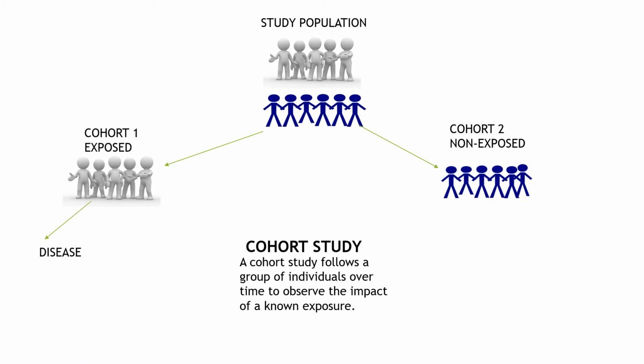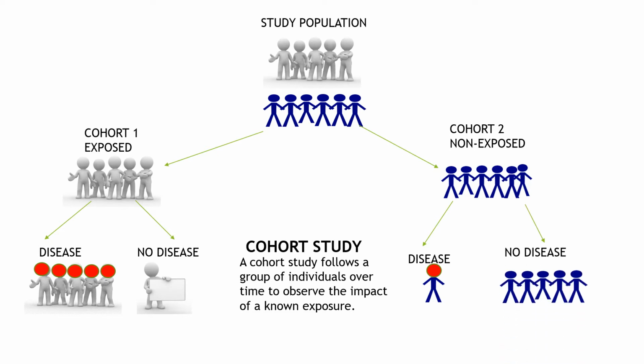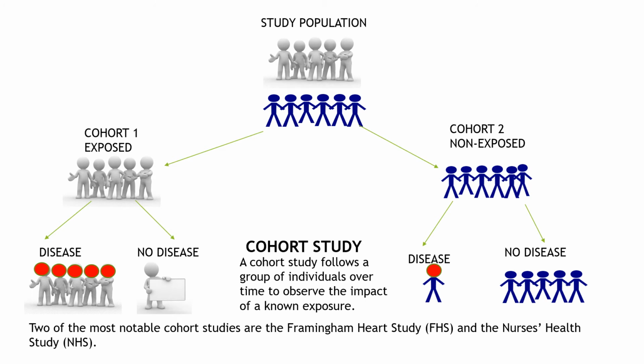In the exposed cohort, there is a section who are diseased and one who have no disease. Similarly, in cohort 2, the non-exposed, there is a section who are diseased, which is much fewer, and there is a section who have no disease, who form the majority. Two of the most notable cohort studies are the Framingham study and the Nurses' Health Study.